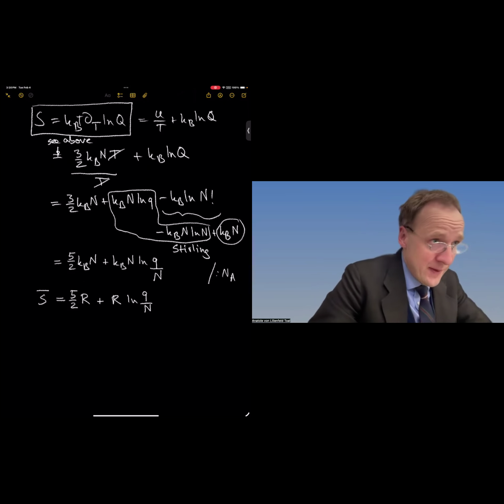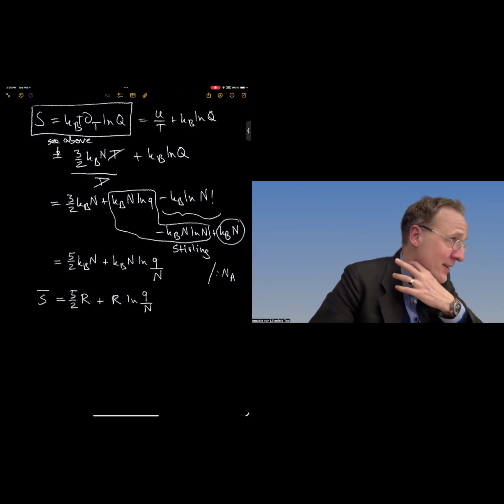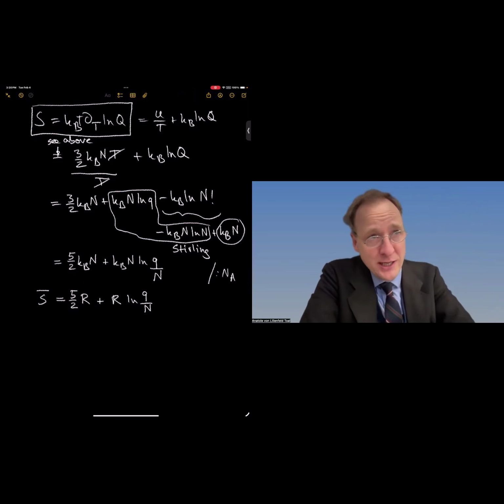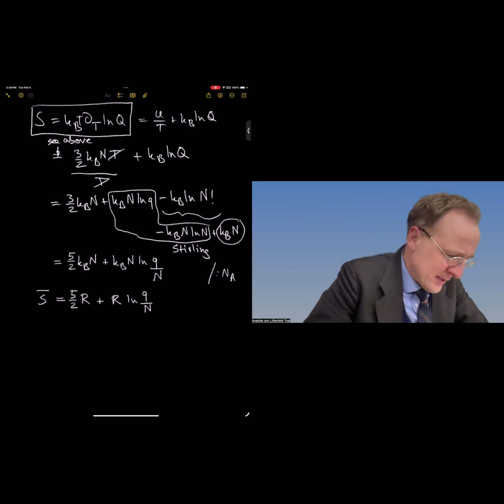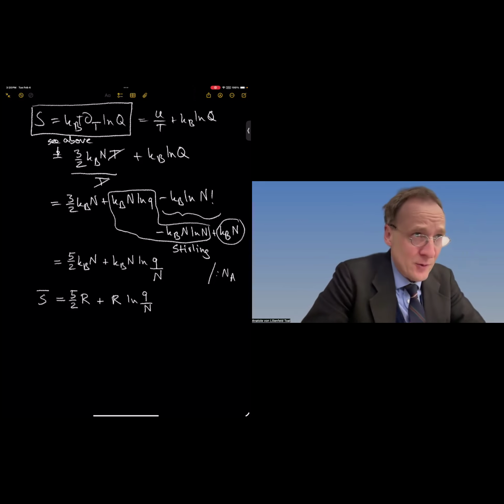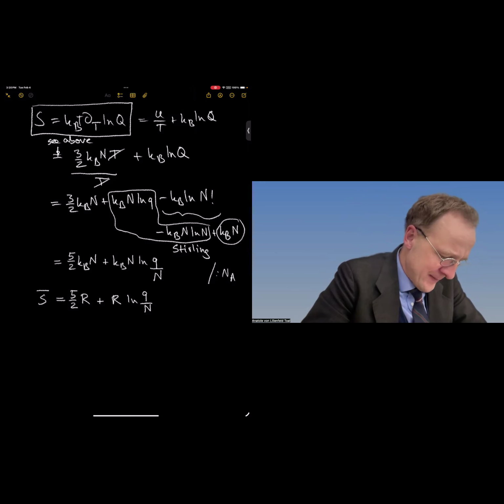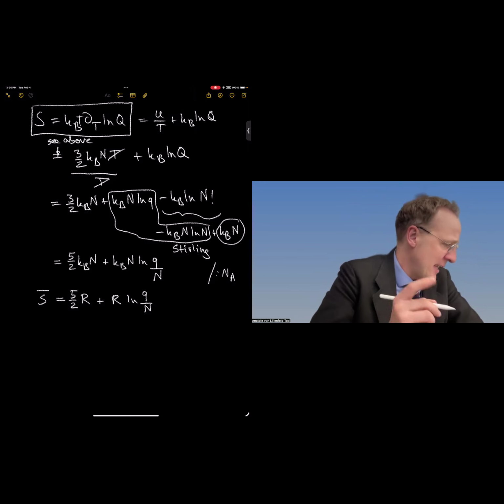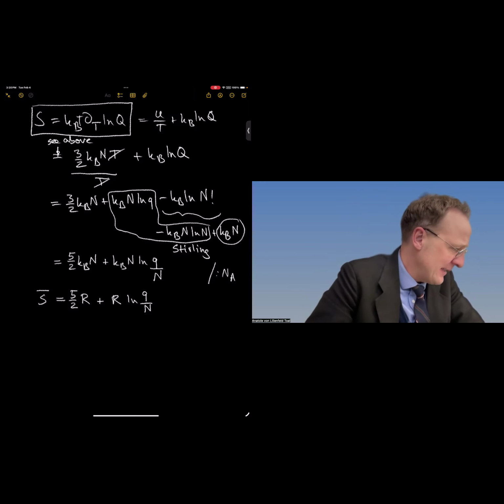So by now, we have simplified to the degree possible the expression in terms of reducing the partition function from the capital Q to the Q for a single atom, for the single atom system, the small q.